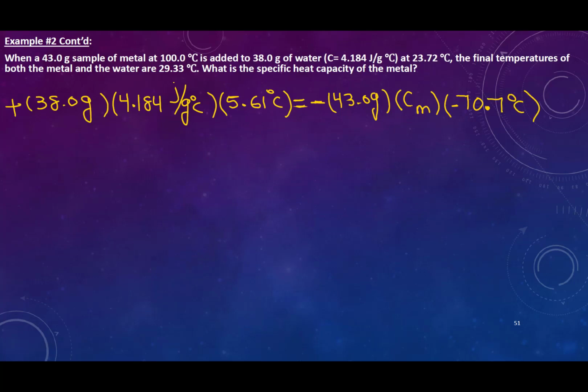You could use the rounded or the unrounded number, it doesn't matter. Some instructors ask you to use the unrounded number because it's more accurate. Now you want to solve for the specific heat capacity of the metal.